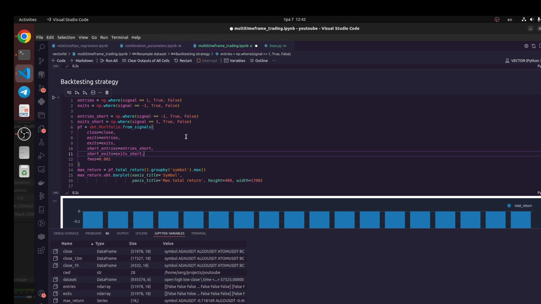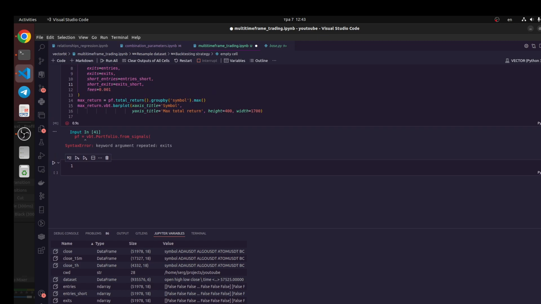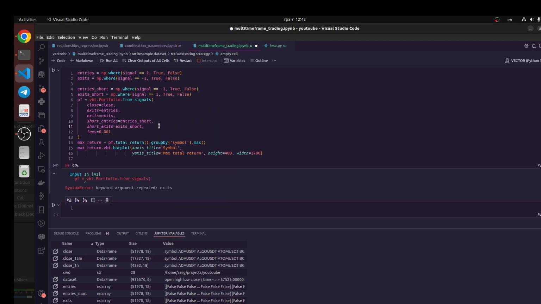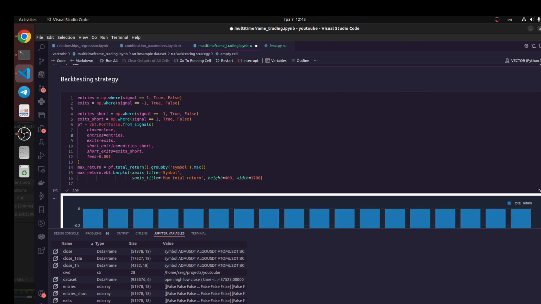Let's do it to understand if it's working or not. Keyword segment repeats. Okay, of course, because I need entries. Let's look at these results.